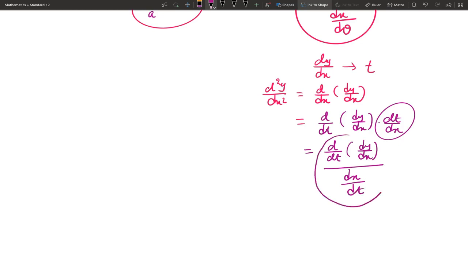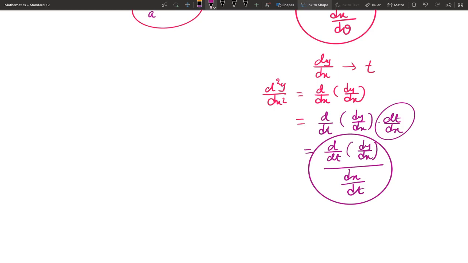So this is d2y by dx2 second derivative whenever y and x are given in parametric form where t is the parameter.